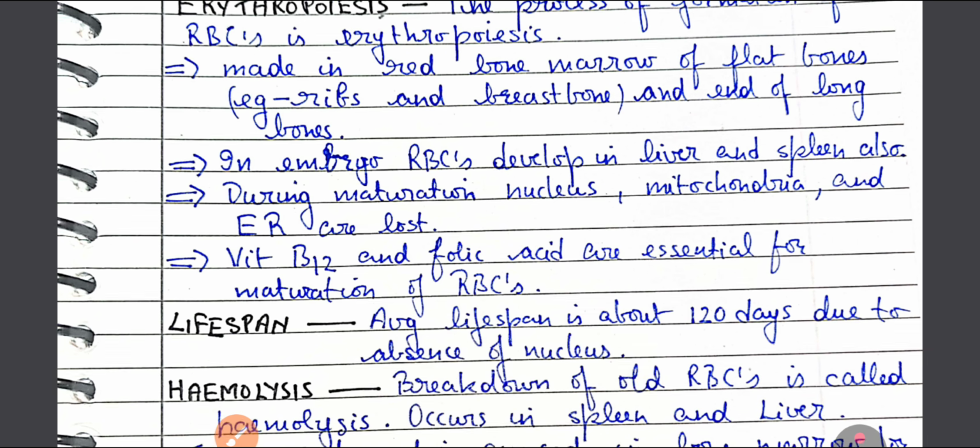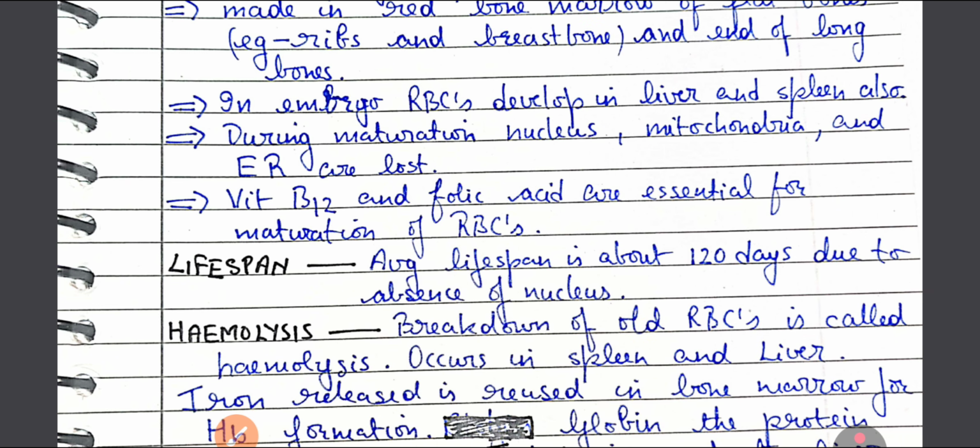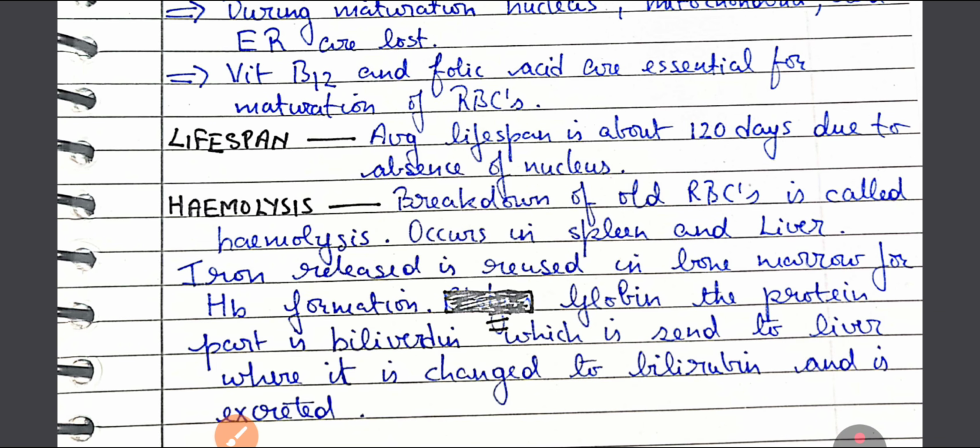In the embryo, RBCs develop in the liver and spleen also. During maturation, the nucleus, mitochondria, and ER are lost. This we have studied before also in this video. Vitamin B12 and folic acid are essential for the maturation of RBCs. So these two vitamins are needed.